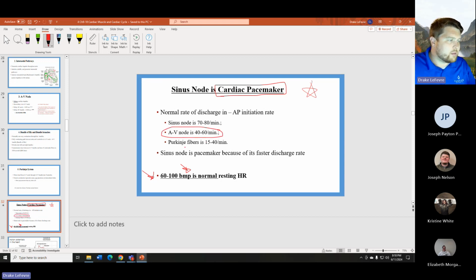So there's autorhythmic potential in the SA node, the AV node, and the Purkinje fibers. The body has backups on backups on backups to make sure that we stay alive as much as possible, because being alive is typically the happiest way your body is.